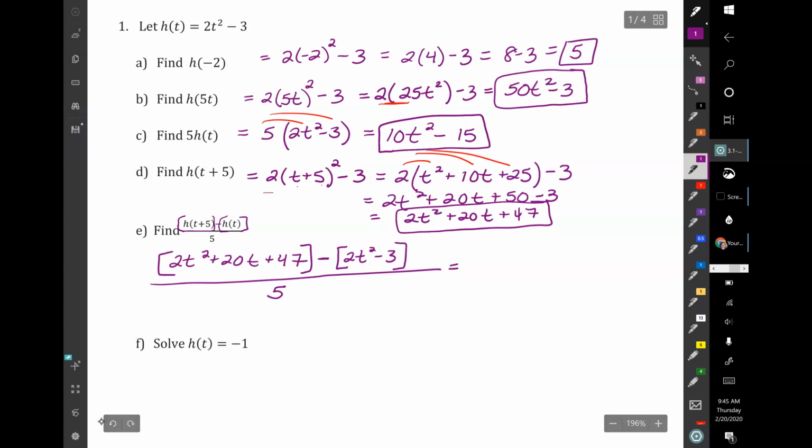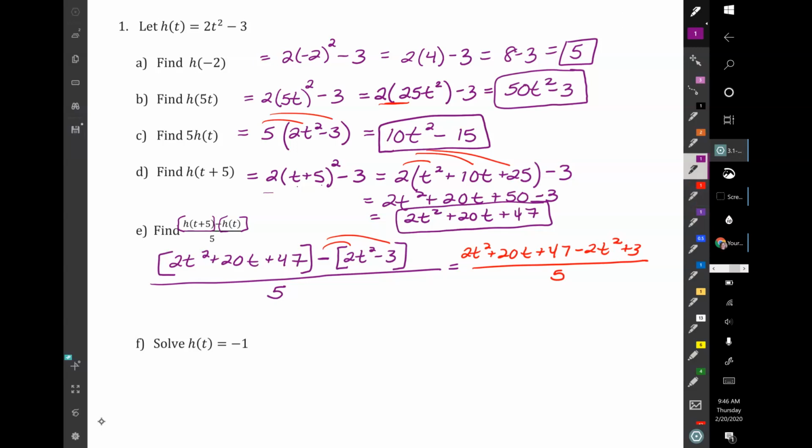So on this, we definitely need to distribute that negative. So I'm going to rewrite that. 2t squared plus 20t plus 47 minus 2t squared plus 3, all divided by 5. Now here's where I'm going to start crossing some things out.